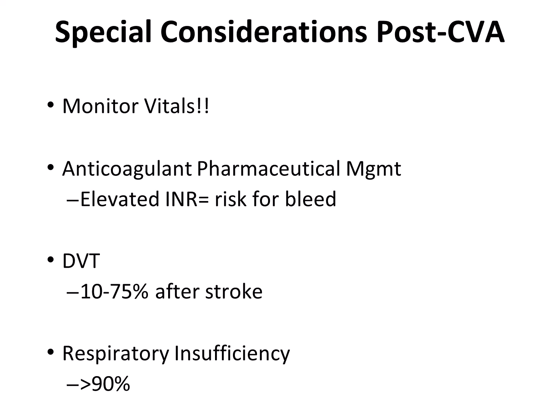Patients post-stroke are also 10 to 75% more apt to have a DVT. Okay, thinking about DVT presentation, you're looking for pain with weight bearing, you're looking for increased redness or warmth or swelling in an area. It can be a DVT that's affecting the upper extremity and or the lower extremity.